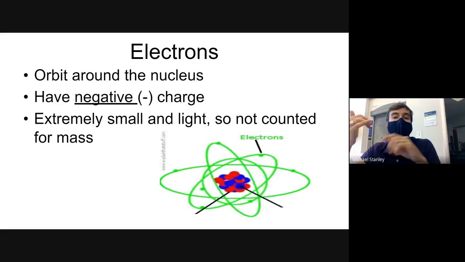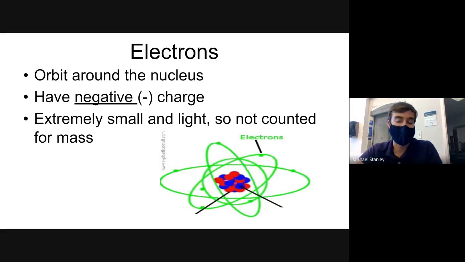All right, so we've got our three different particles: protons, neutrons, and electrons. Our protons and our neutrons are together in the middle area, the nucleus right here.